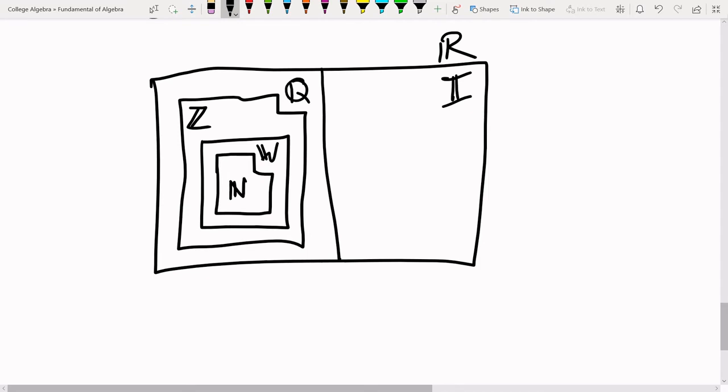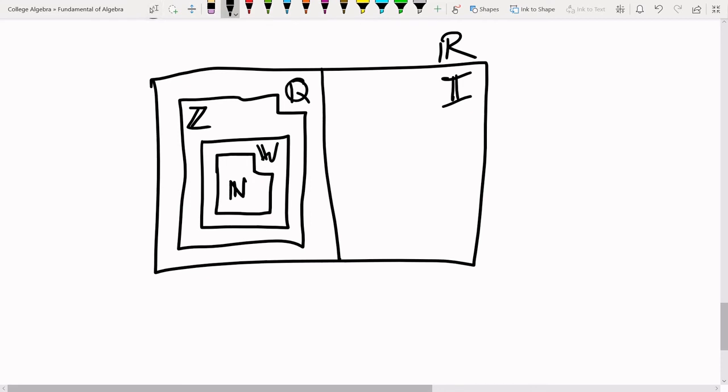So natural numbers are within the whole numbers are within the integers are within the rational numbers. There's a divide between rational and irrational, but if we combine them together, we get the real number system, which is this entirety of the box. And that's what we're going to be working with for most of this class.